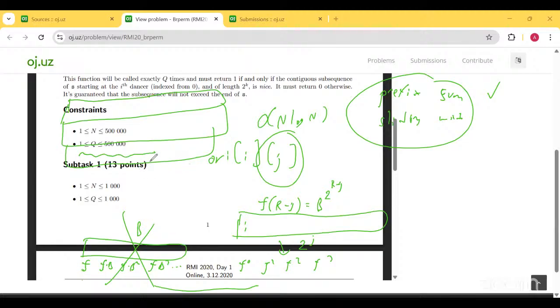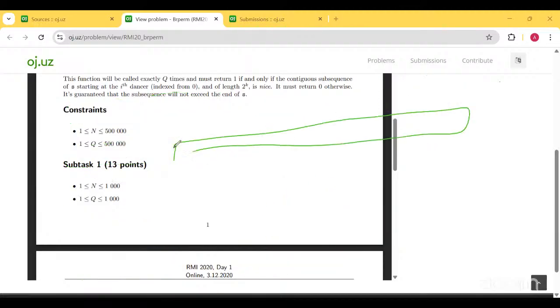Actually it is hard to use prefix sum, since we would create the prefix sum in this way, between the p to the 0, p to the 1, p to the 2, and so on.